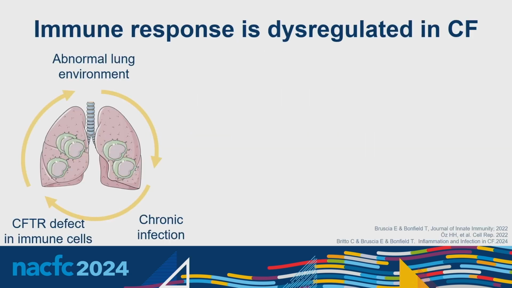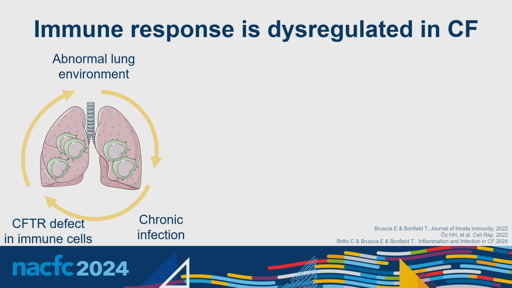So as we all know, airway inflammation is intense, excessive, sustained, and plays a central role in CF lung pathogenesis. It starts with the lack of CFTR function at the apical membrane of the airway epithelium, which results in dehydration of the airway surface liquid, impairs mucociliary clearance, and causes mucus obstruction.